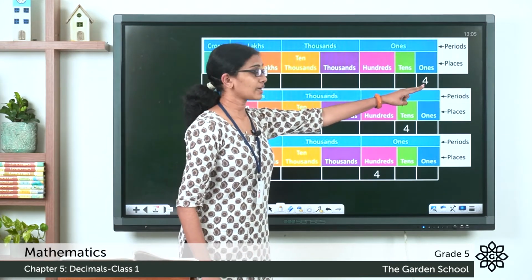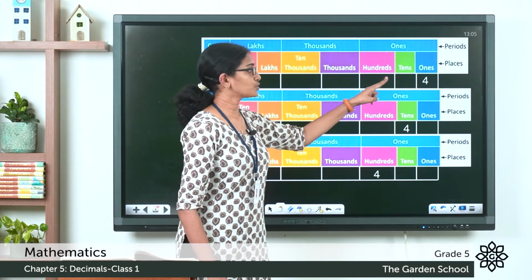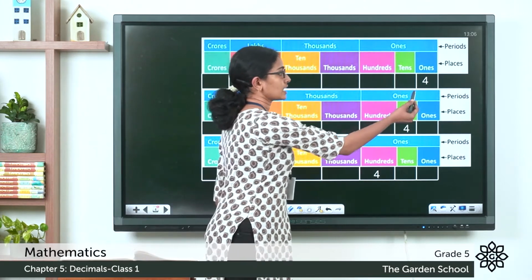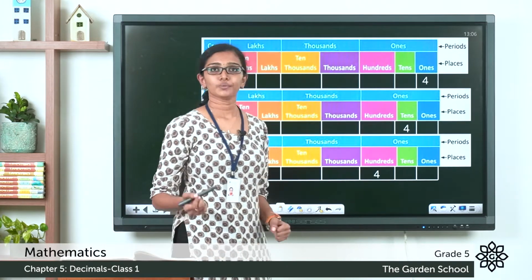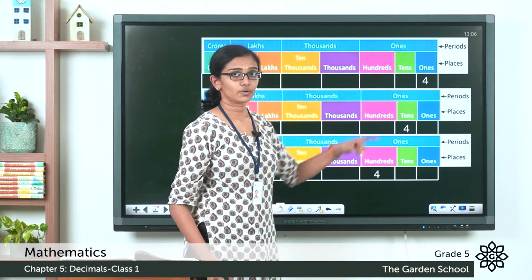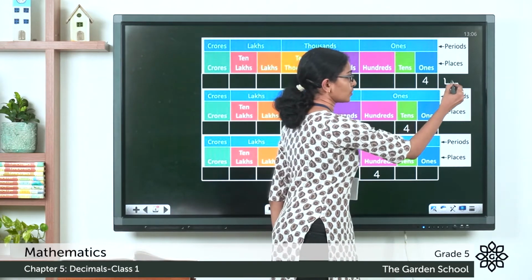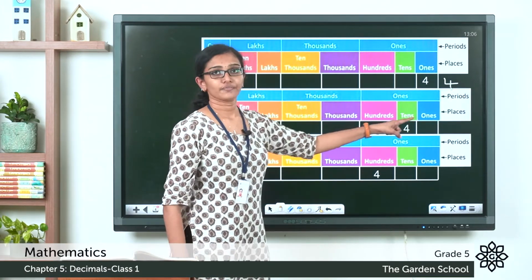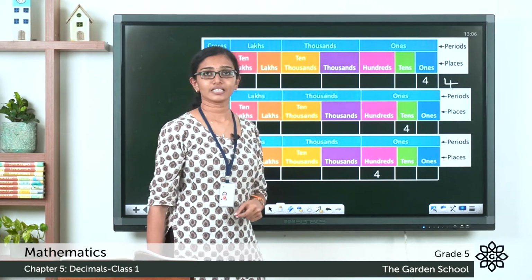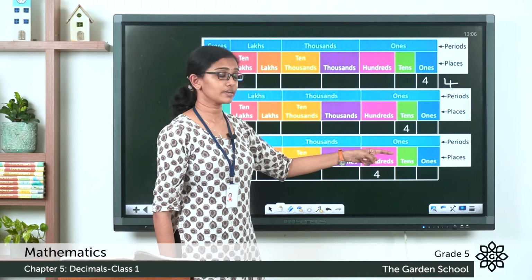Now here is one more example. Here the same digit 4 is moved to different places in the place value chart. See the first case. Right now 4 is in ones place and here the place value is 4 ones or 4. In this case 4 is moved to the next higher place. Now 4 is in tens place. So what is the place value now?